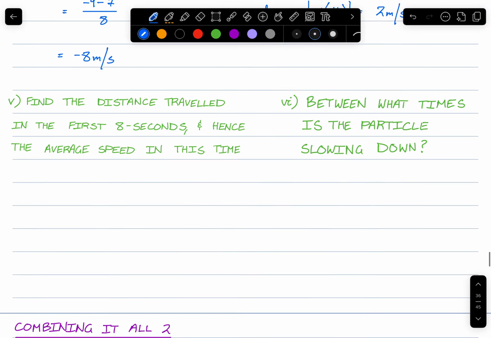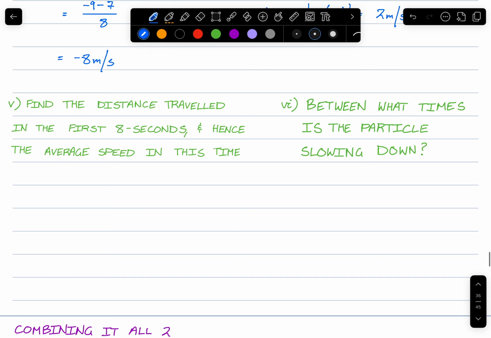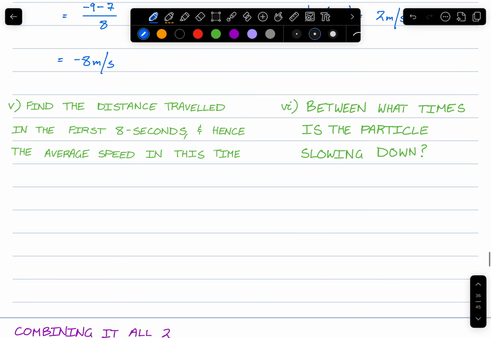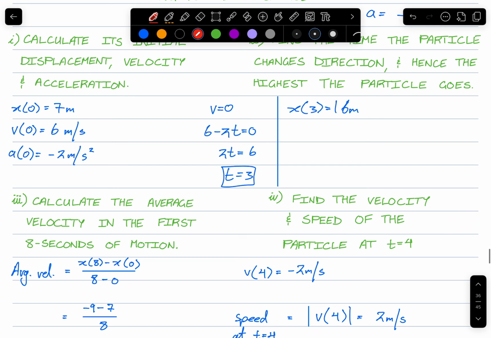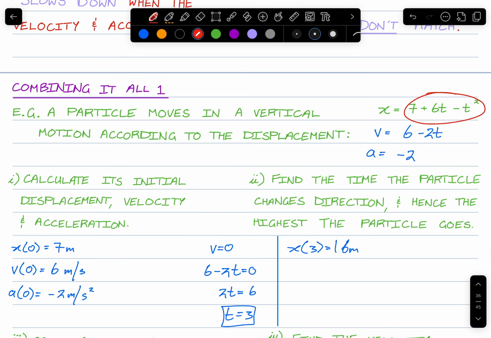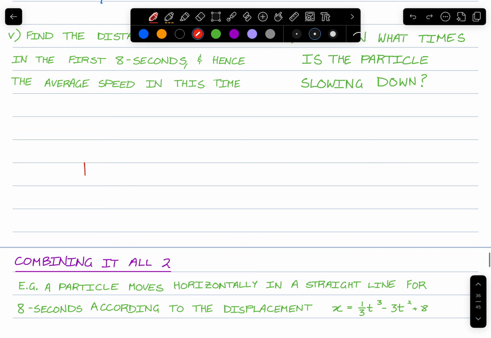Okay, so let's keep going here. Find the distance traveled in the first 8 seconds, and hence the average speed in this time. Remember, the distance traveled has to factor in the turning point. So here's a very rough sketch of what this might look like. It's concave down, and its initial displacement is 7.